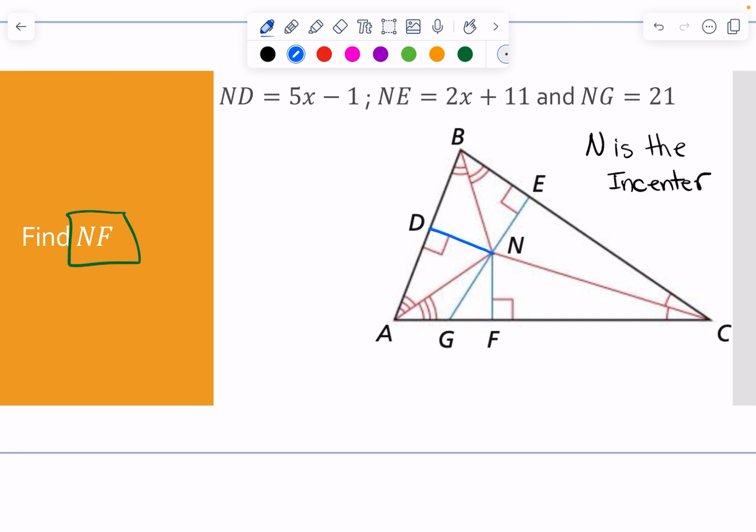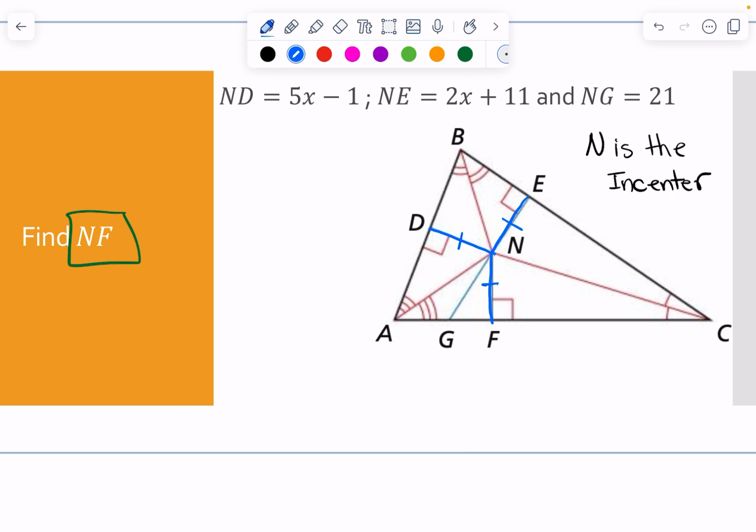I know that DN, I know that EN, and I know that NF would all be equal to each other. Okay? So now let's go through and figure out how do we find the value of x and also then find the value of NF.